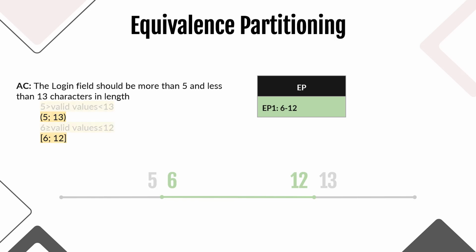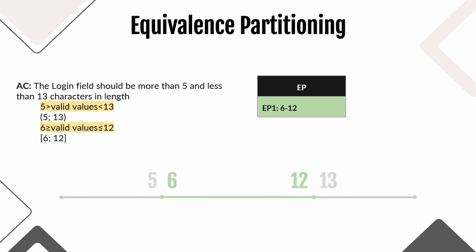Another option is to indicate the range values in the description of the questions with the help of symbols: greater than, less than, greater than or equal to, less than or equal to, which will have the same meaning as round and square brackets. And you have to be very careful with the values on the edges of the partitions.